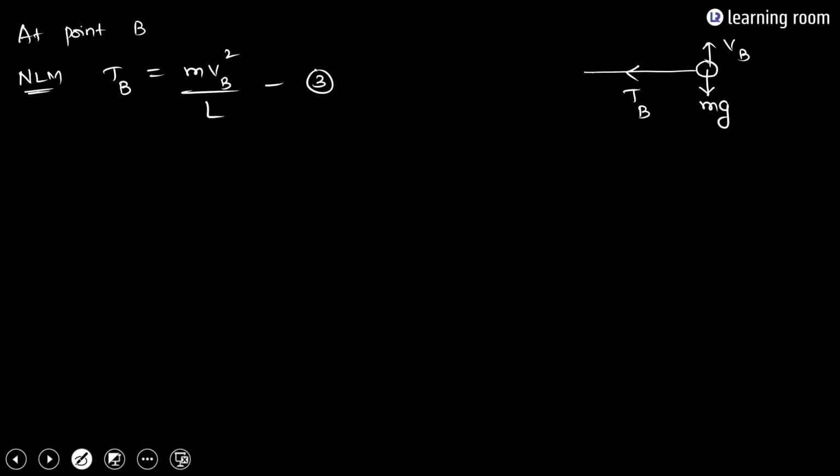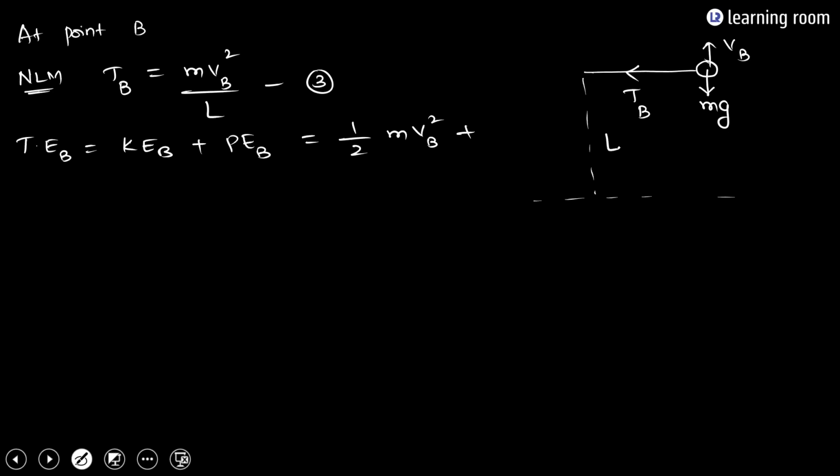Right? Now, the total energy at point B is equal to the kinetic energy at B plus the potential energy at B. So what is the kinetic energy at B? Kinetic energy at B is going to be equal to half into m into VB square, and the potential energy at B, if I take this to be the line, the height to which the object has raised is the length of the string.